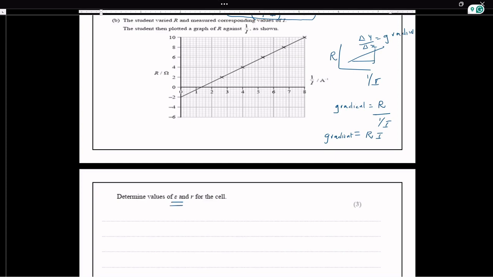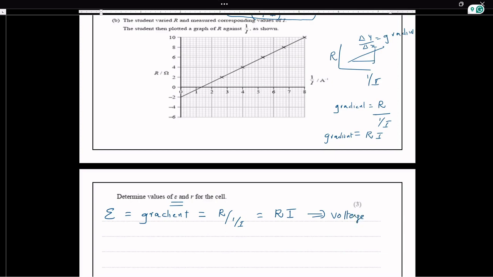Determine the value of E. So E equals the gradient, which is R over 1 over I, which is R times I, which is a voltage. So the EMF I am getting as the gradient.